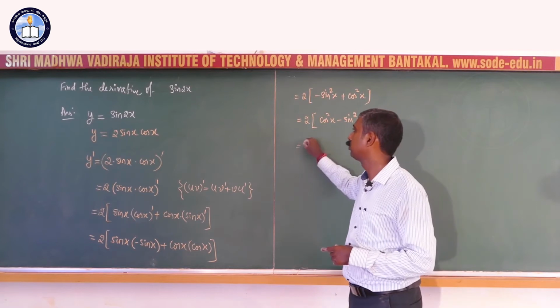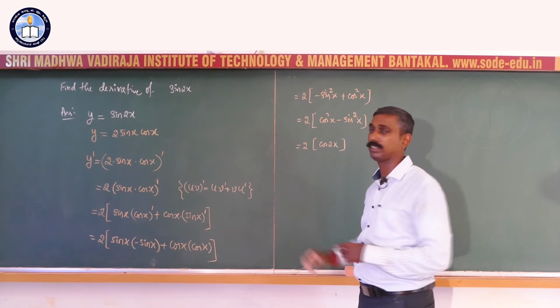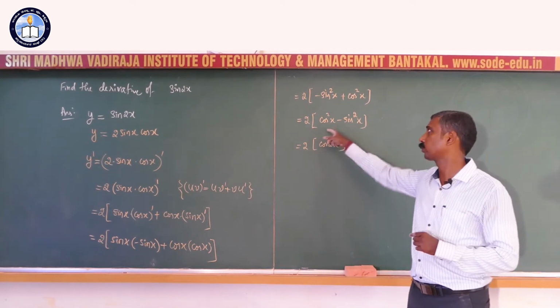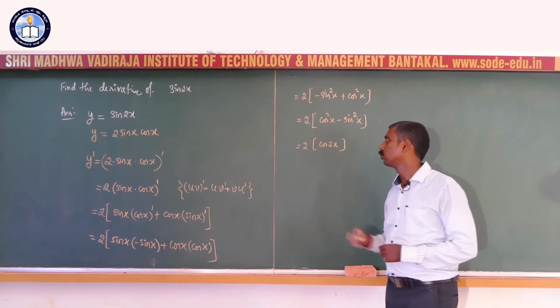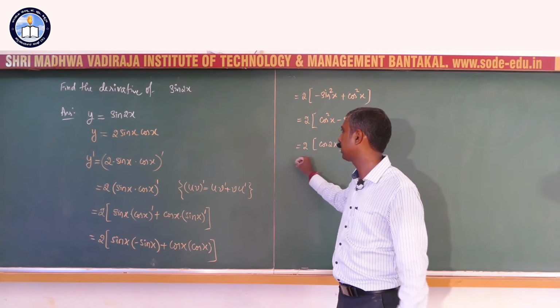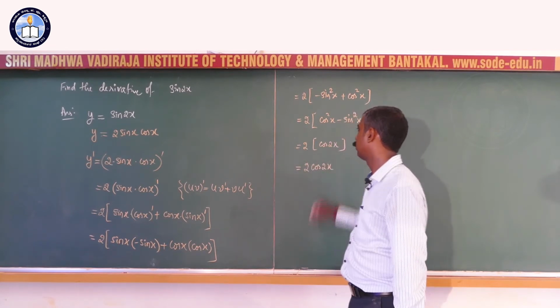It is a well known result for us. In the derivation of cos of x plus y, we derived cos 2x is equal to cos square x minus sin square x. So, it is 2 cos 2x. Therefore, what is the derivative of sin 2x? It is 2 times cos 2x.